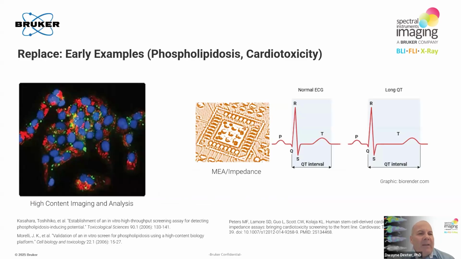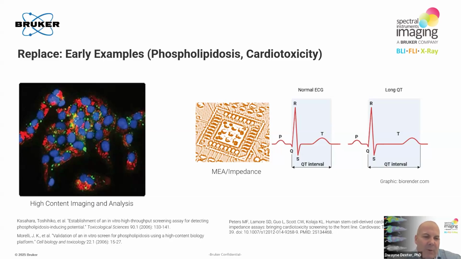So I wanted to highlight a few examples of these NAMs. This concept is not new. As an example, I highlight two safety assays that were developed in the early 2000s. Phospholipidosis is one where cationic compounds tend to cause this adverse event or accumulation of lipids within a cell.